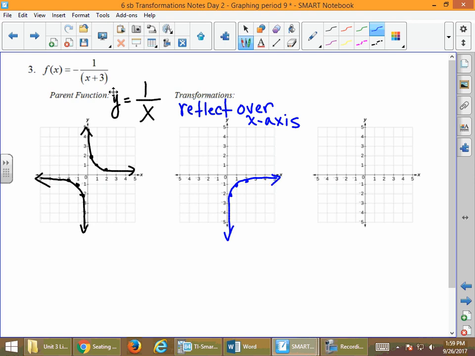We have the other branch to do the same thing. (-1/2, -2) becomes (-1/2, 2). And (-1, -1) becomes (-1, 1). And (-2, -1/2) becomes (-2, 1/2). And there we reflect.